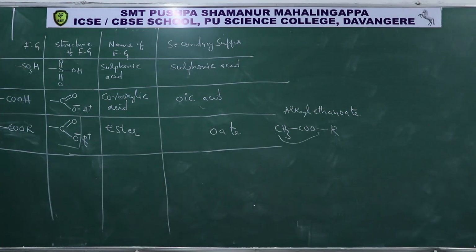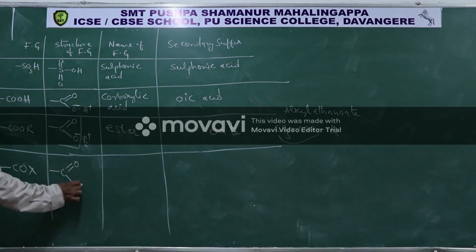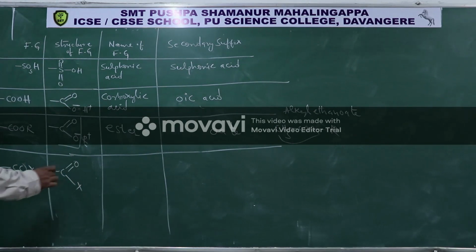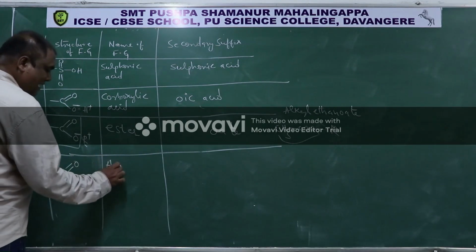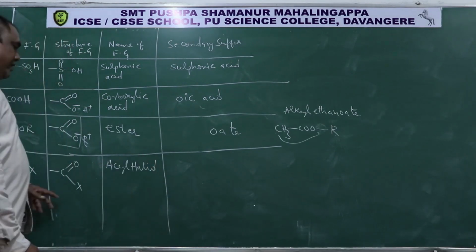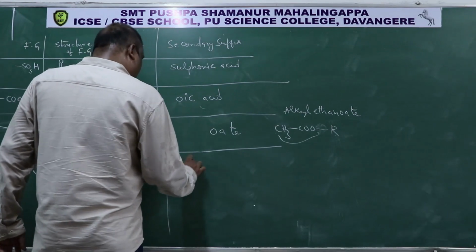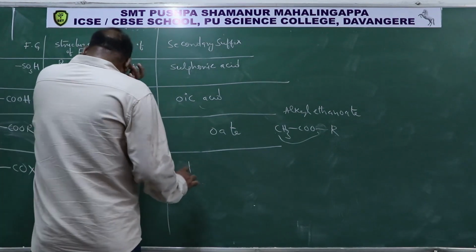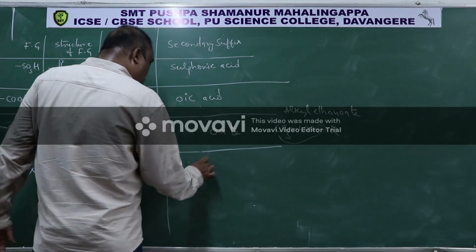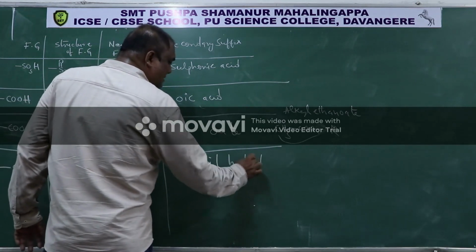Then, if the functional group is COX, then structure is C double bond OX. Name of this functional group is acyl halide. Then secondary suffix will be oyl halide. Oyl halide is the secondary suffix.